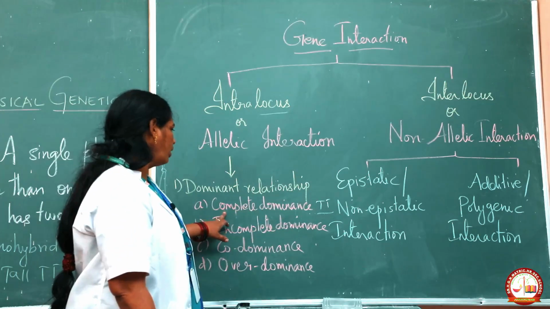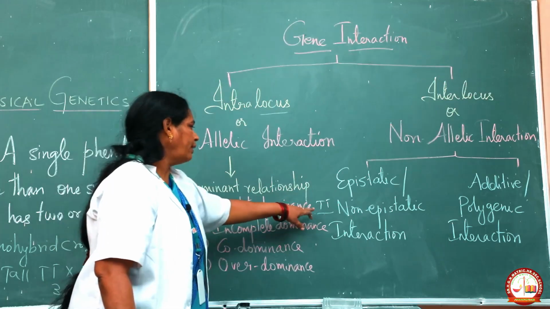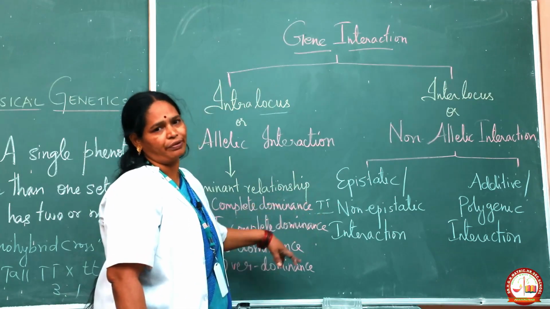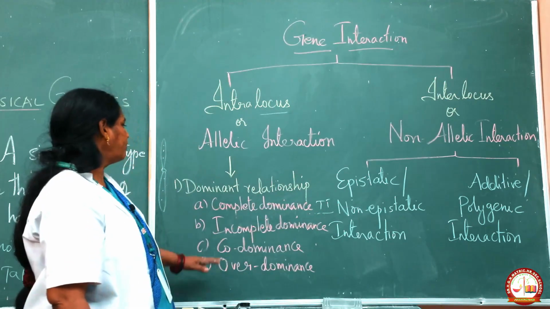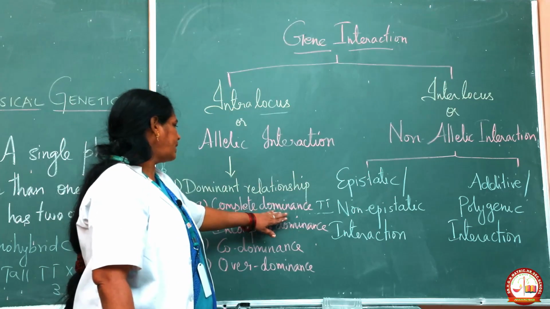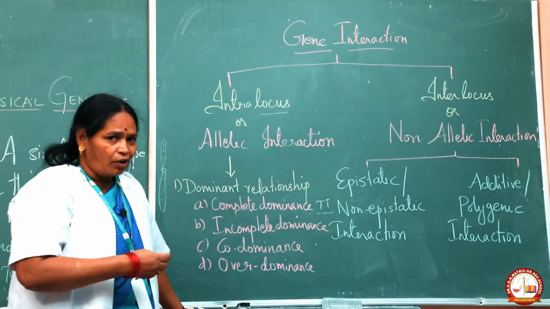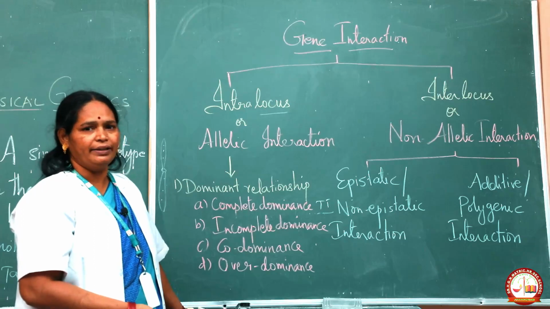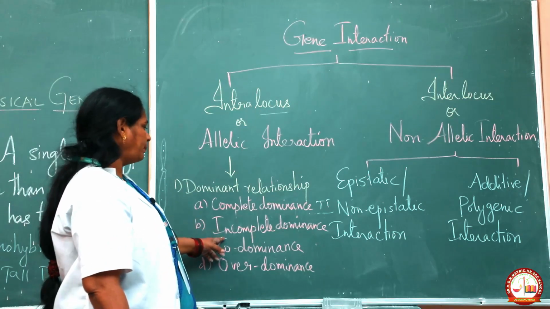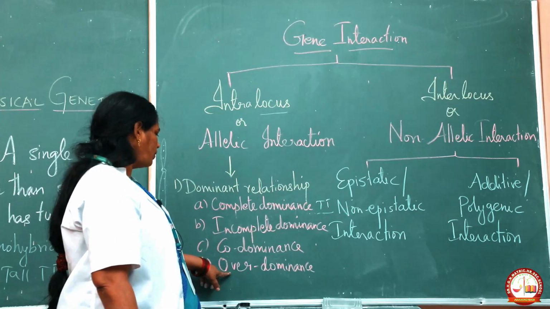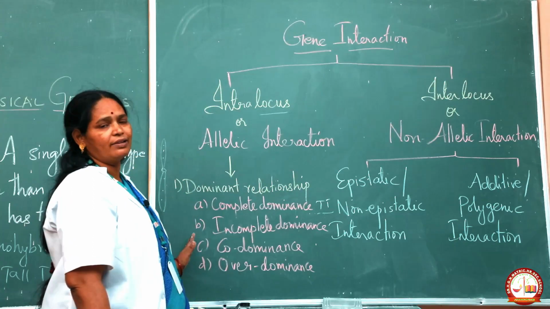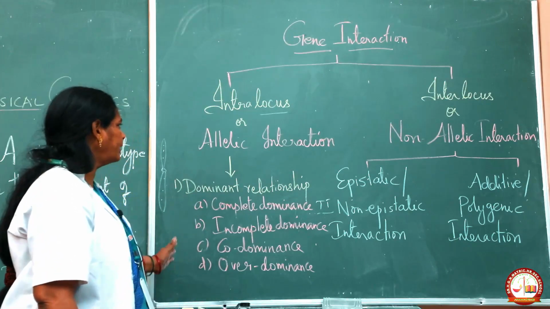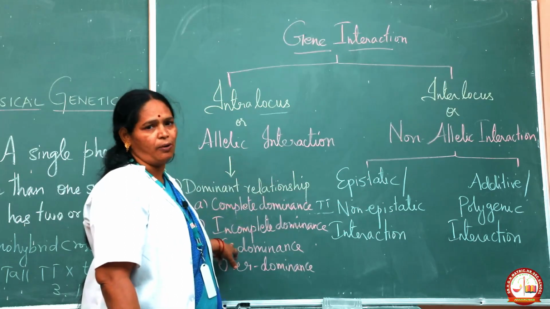Tall crossed with dwarf gives only tall offspring. Thus it reveals that dominancy plays a vital role in producing the phenotype of the individual. Incomplete dominance, codominance and overdominance are also based on Mendelian genetics. According to Mendelian genetics, the allelic interaction would be so.